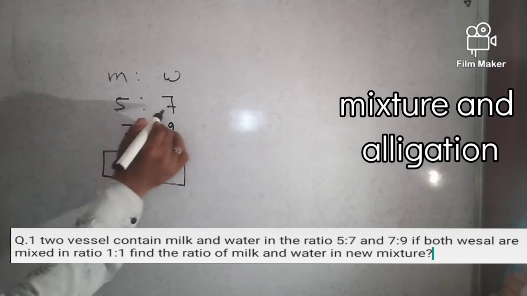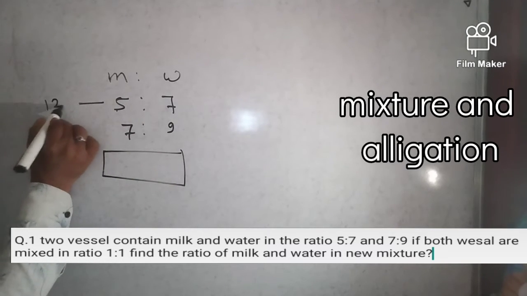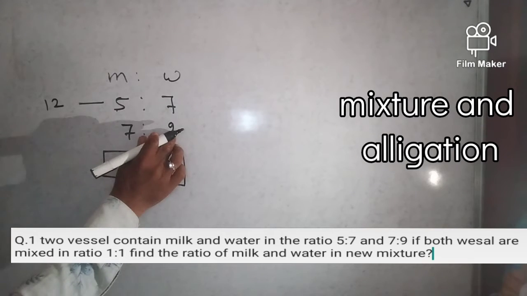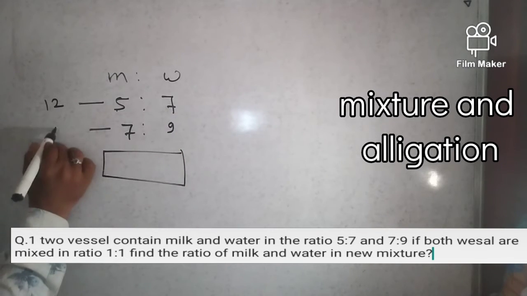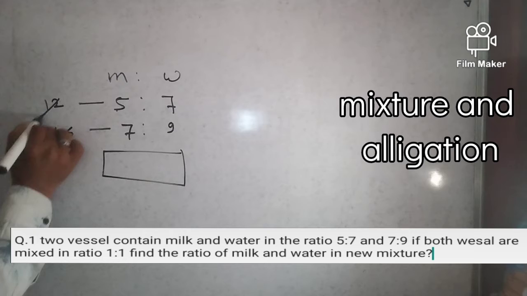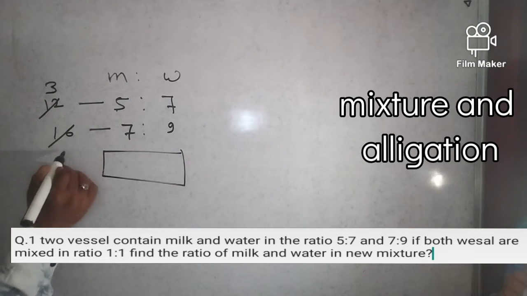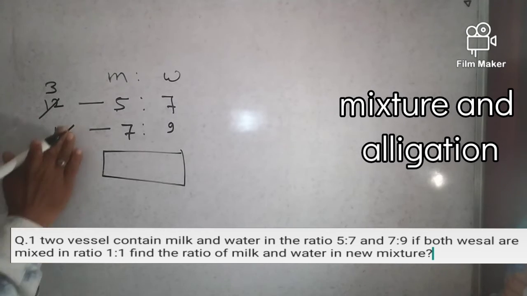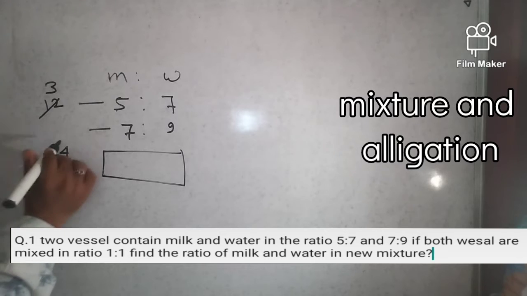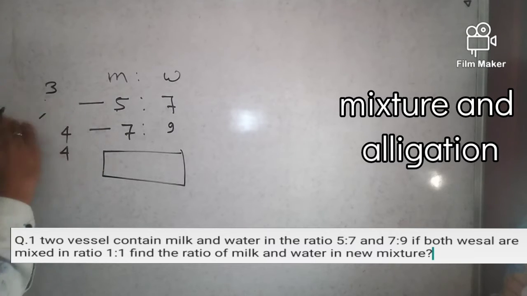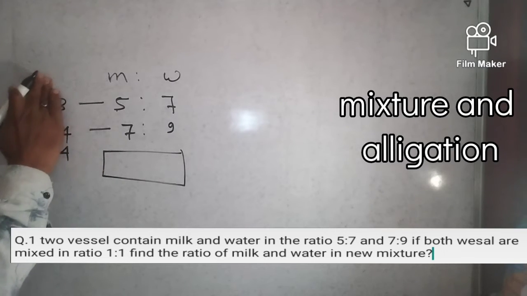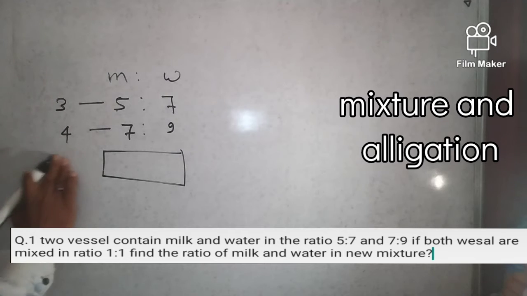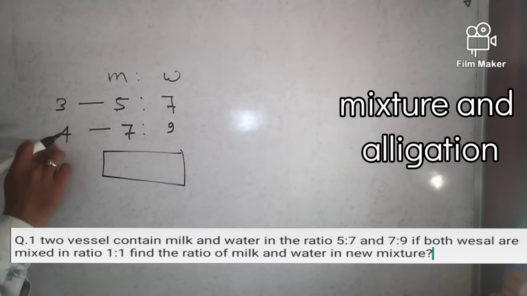So 5 plus 7 is 12, 7 plus 9 is 16. Right? 4 threes are 12 and 4 fours are 16. So for simplification, here will be 4 and here will be 3. Now this is not the same, right?